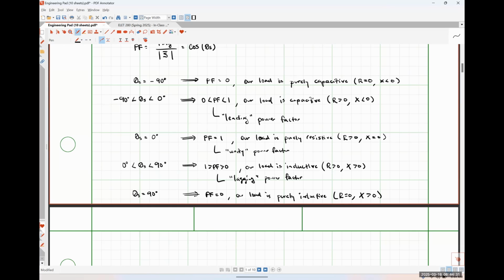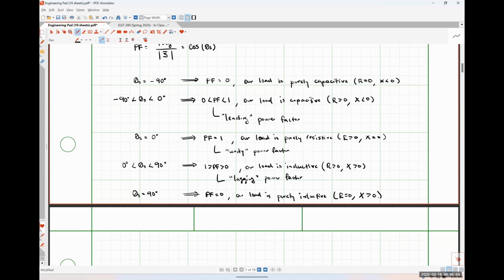So let's recap this very, very briefly, okay? Whenever theta S is equal to plus or minus 90 degrees, our load is just a pure energy storage element. Doesn't matter if it's a capacitor or an inductor. We're going to be operating at a power factor of 0. So completely inefficient. None of the power that's being sent to us as a consumer is actually being used to do any work whatsoever.